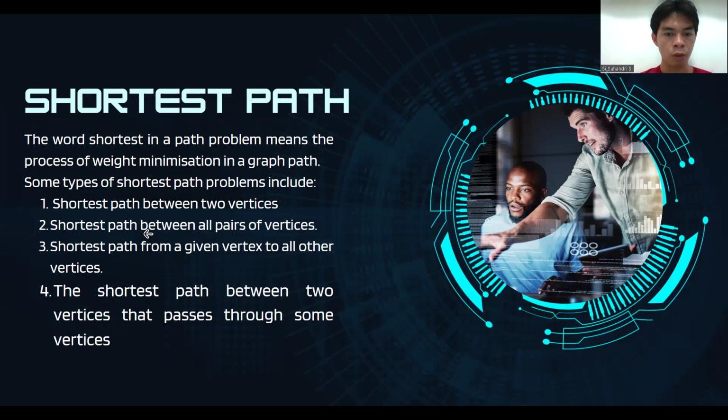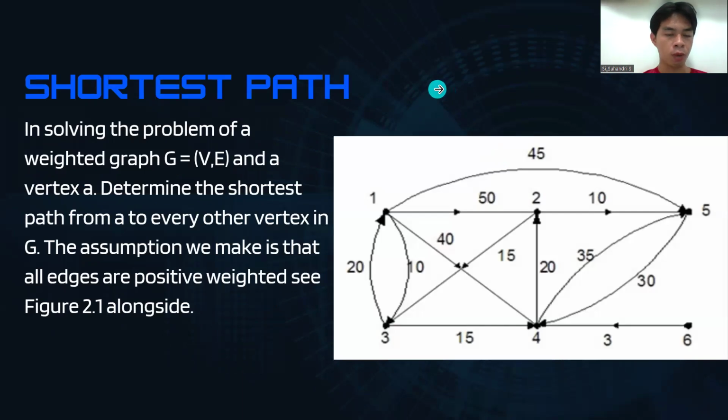Some types of shortest path problems include: number one, shortest path between two vertices; two, shortest path between all pairs of vertices; three, shortest paths from a given vertex to all other vertices; four, the shortest path between two vertices that passes through some vertices. Shortest path solves the problem of a weighted graph G equals V, A, determining the shortest path from a vertex A to every other vertex in G. The assumption we make is that all edges have positive weight, see figure 1.2 alongside.